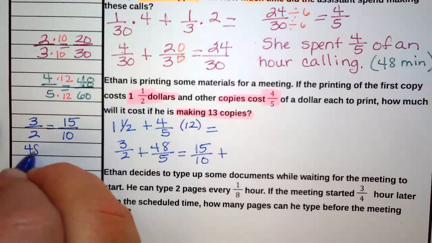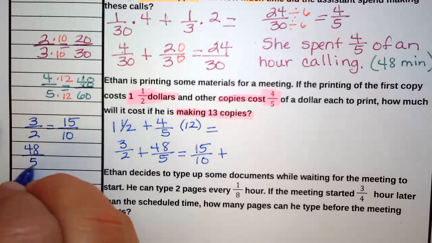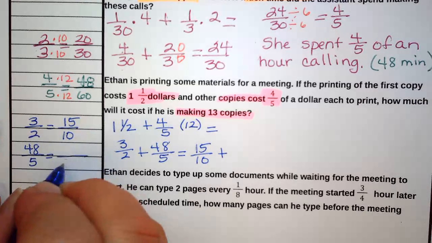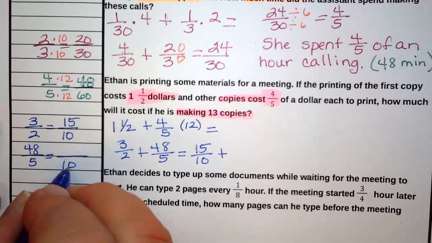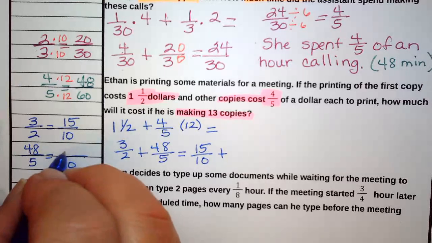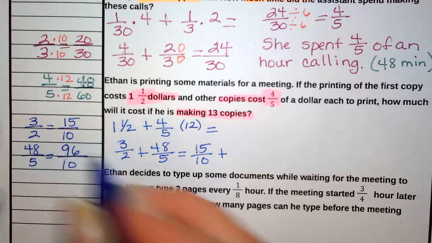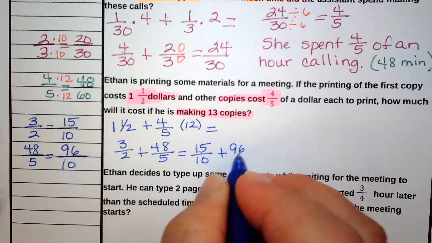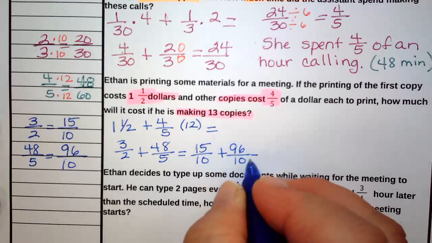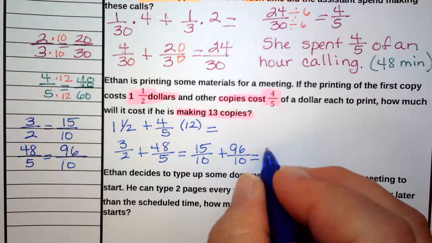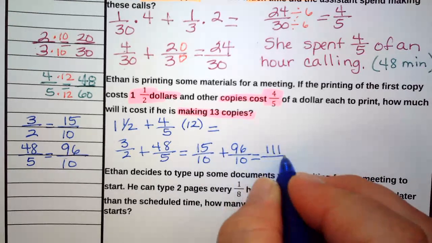Okay, 48/5 is equal to what over 10? Multiply by 2. 48 times 2 is 96. And that gives me 111/10.